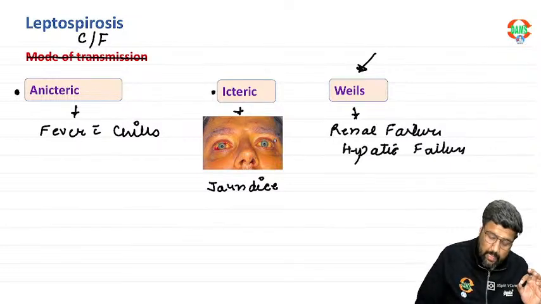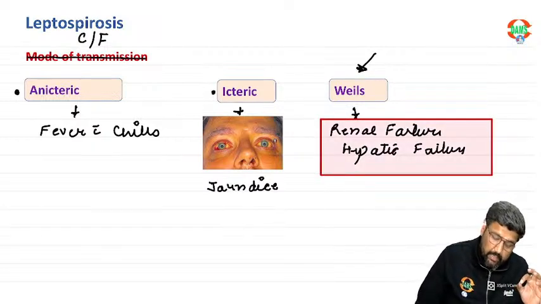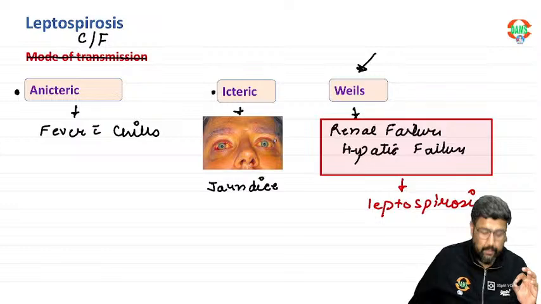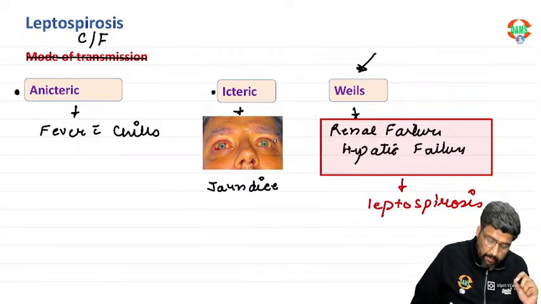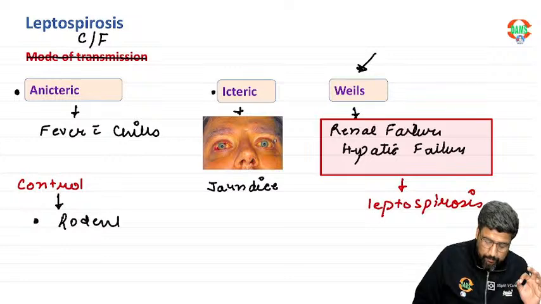These renal and hepatic failure along with leptospirosis, this becomes Weil's disease, right? Now, coming to the control, how you are going to manage, the most important thing is rodent control.